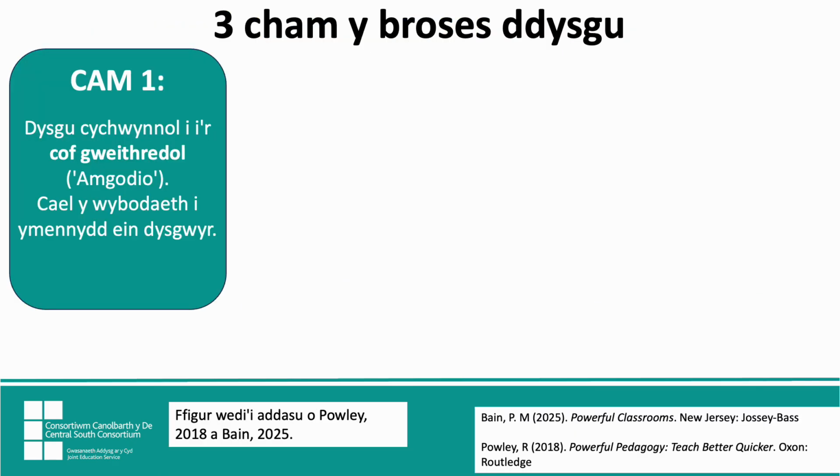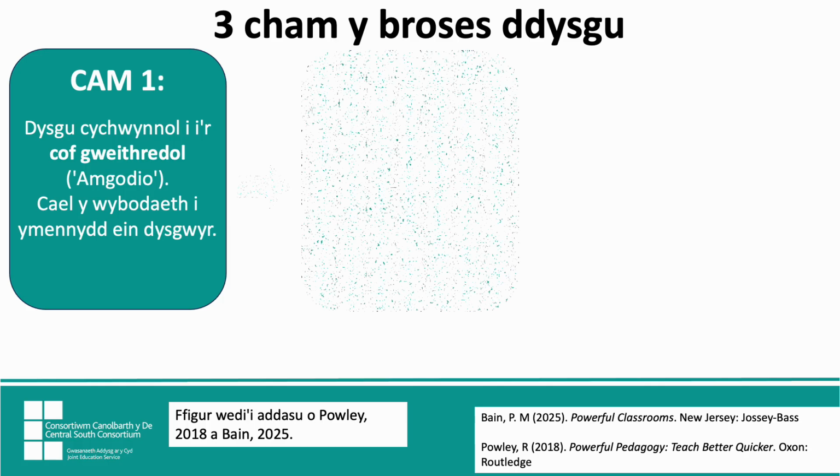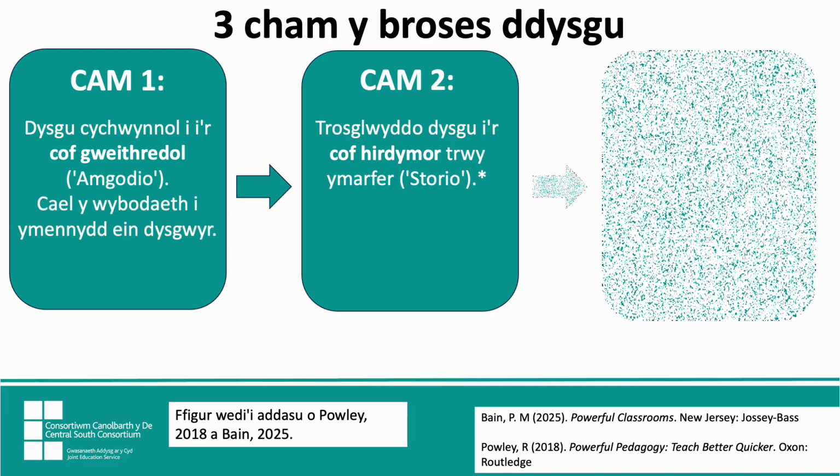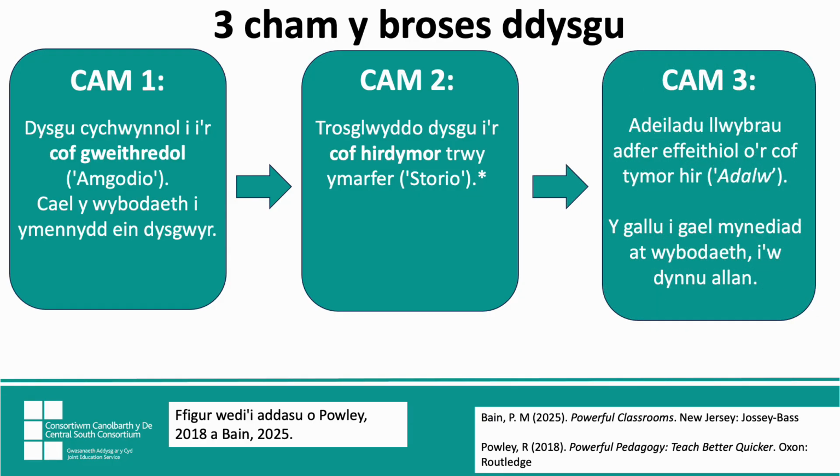Powley in 2018 and Bain in 2025 offer a slightly simpler version representing this learning process. Prior to step 1 will be the input or stimuli, the sensory memory and attention.